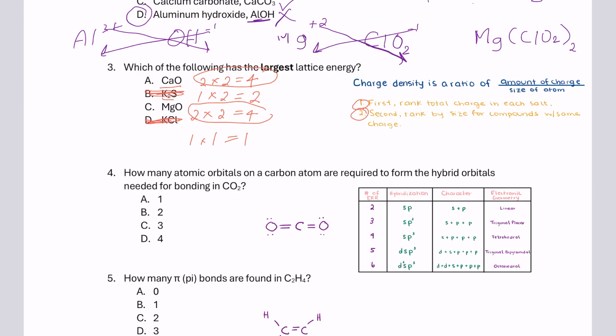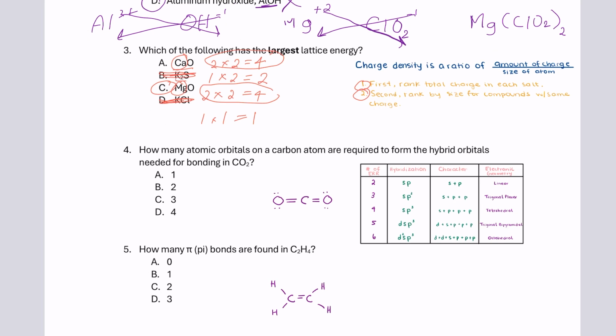So we need to compare ionic size to determine which has the highest lattice energy. We need to remember that smaller ions allow for a shorter bond distance, which also increases lattice energy. Between magnesium and calcium, magnesium is smaller than calcium, which means that magnesium oxide has the highest lattice energy, making option C the correct answer.